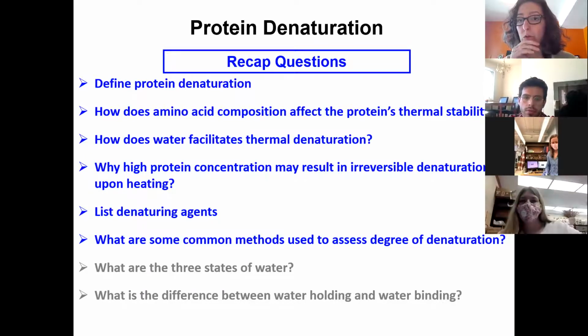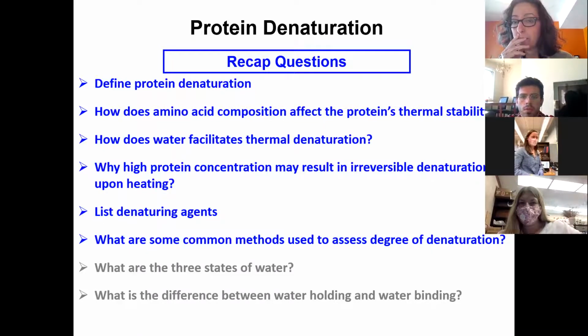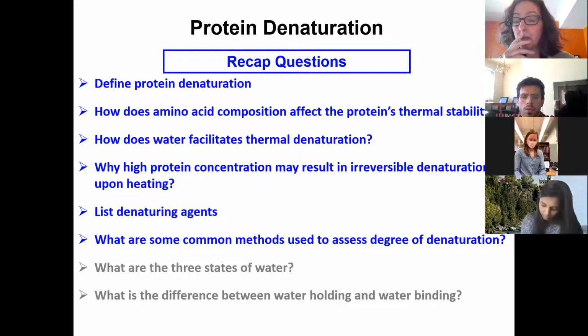So protein in solution versus dry protein powder. Which one would have lower denaturation temperature? Come on, guys, you should know this. Water would expose more the groups of hydrogen bonds, and then it will denature faster in solution.